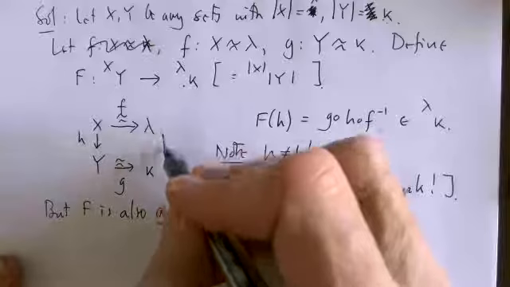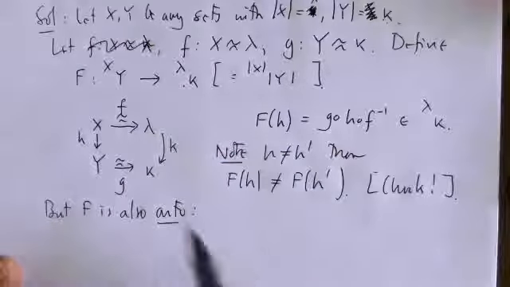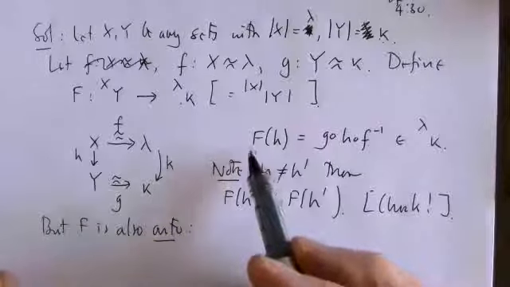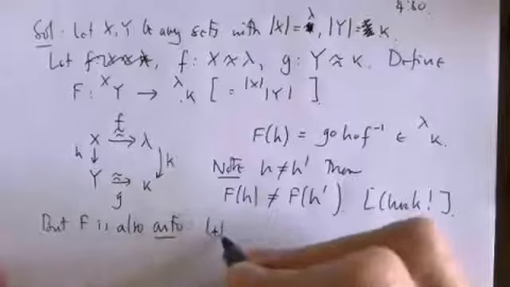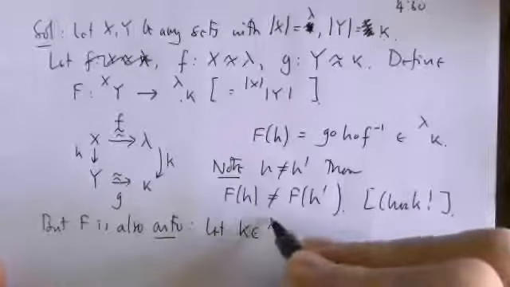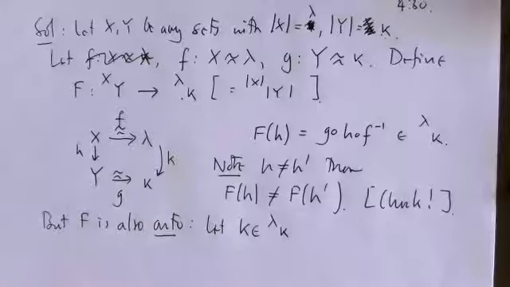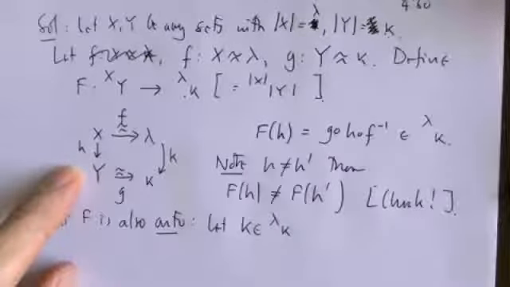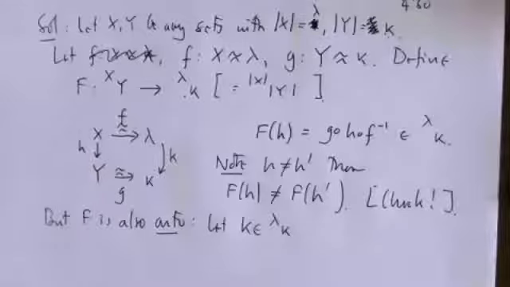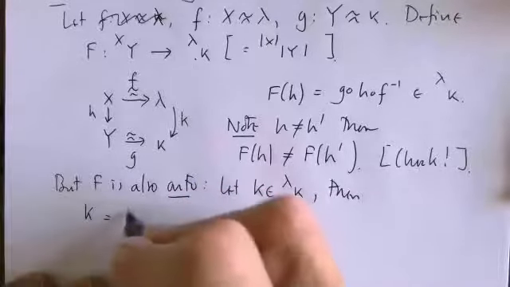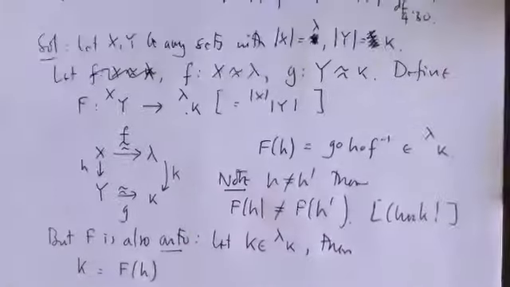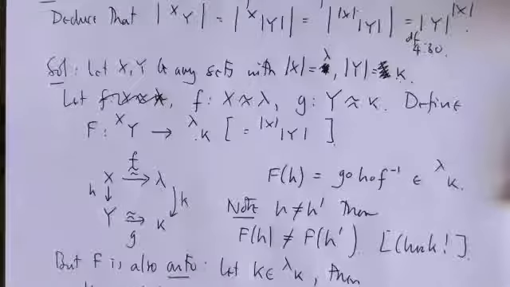Okay, so I'll take a function here, k, and this has to be big F of something. So let k be a function from lambda to kappa. And I'll just use the same diagram again. I'll work out what this h has to be. k is F of h.